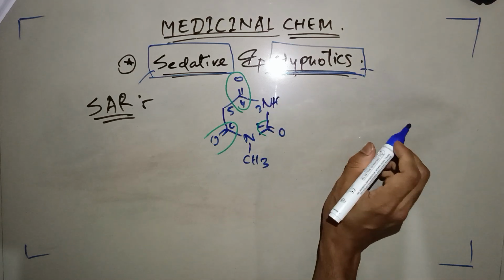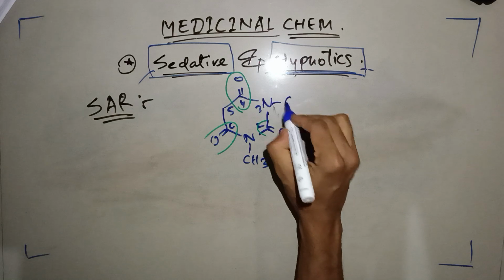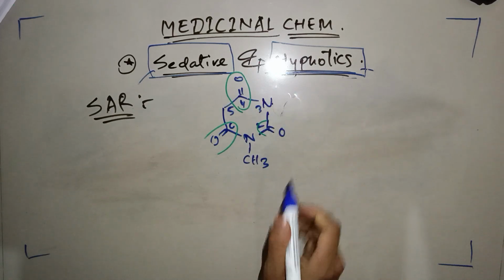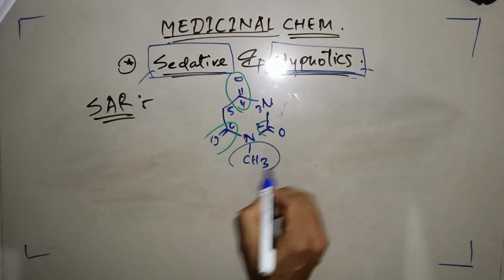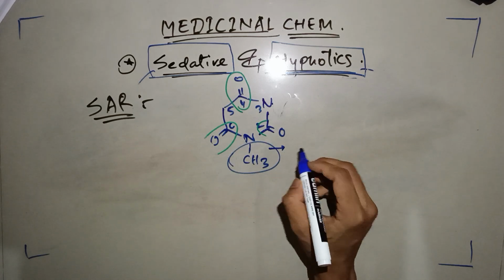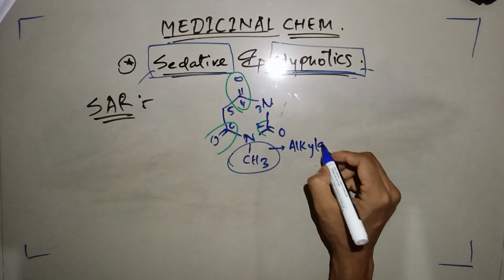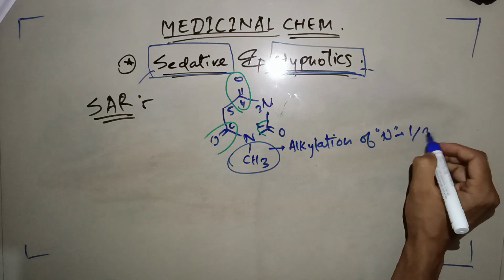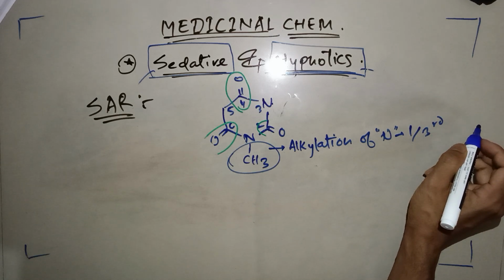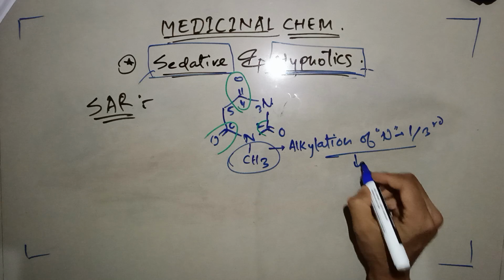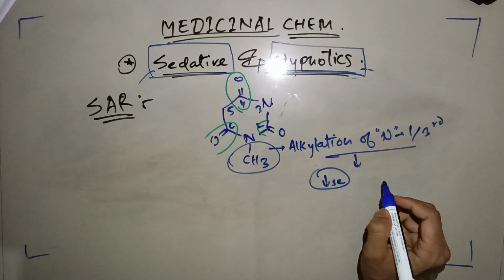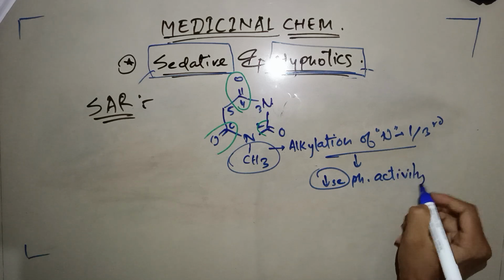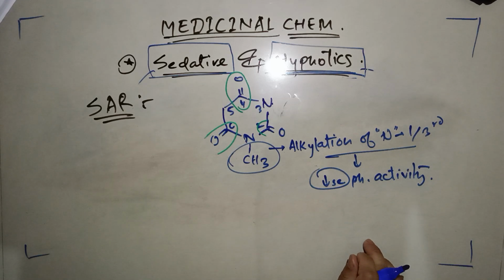In this, hydrogen is there, na, so if this hydrogen is replaced and CH3 is added like this in both positions or in one position, the important point here is that the alkylation of nitrogen present at first or third position will lead to a decrease in pharmacological activity. First point.